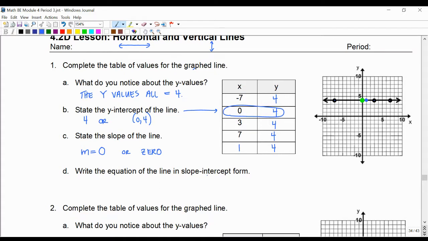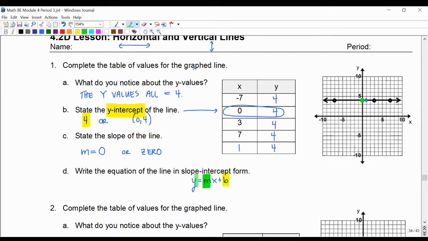And then we're going to write the equation in slope-intercept form. Slope-intercept form is y equals mx plus b. So we're going to go up here and copy down these answers: this is my y-intercept, which will be my b value, which I had plugged in a second ago.